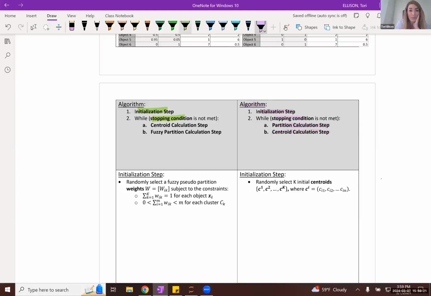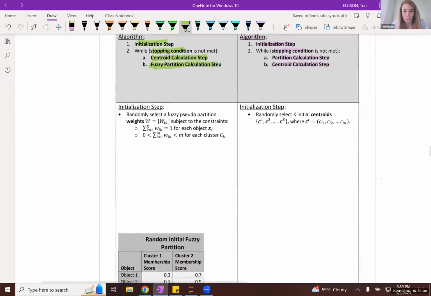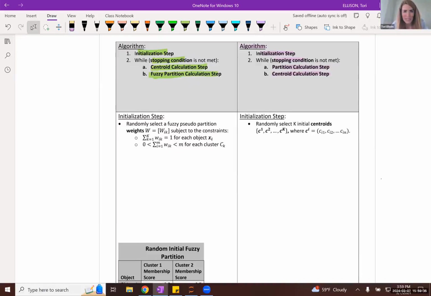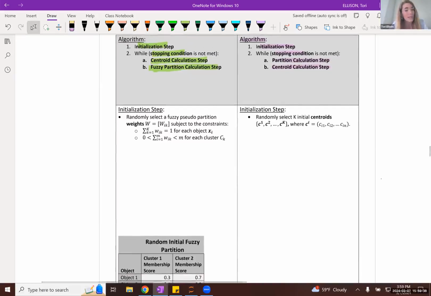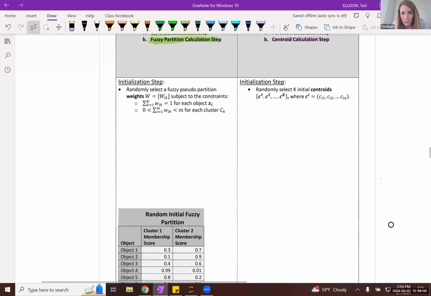Now it's going to be the same thing for fuzzy c-means, except now we're going to have the fuzzy pseudo partition or the fuzzy membership matrix calculation step, and then the centroid calculation step. Okay, so there are going to be some slight differences though in each of these steps here. So stay tuned.